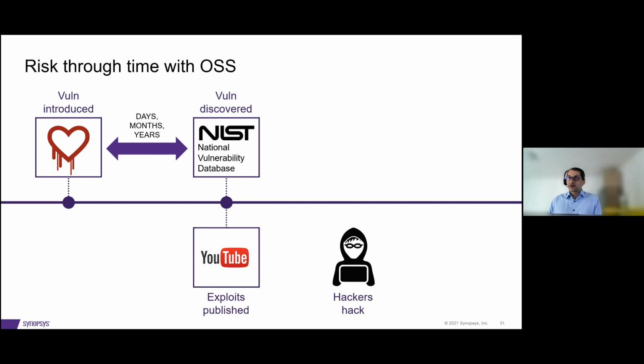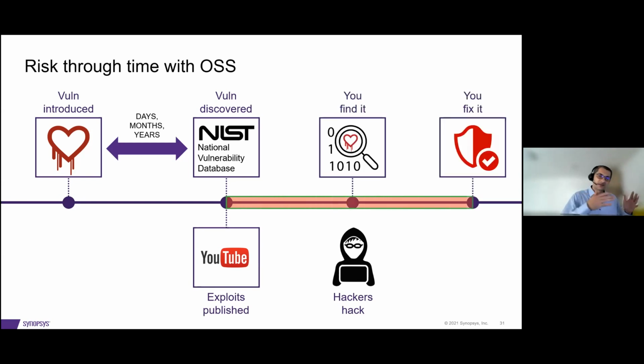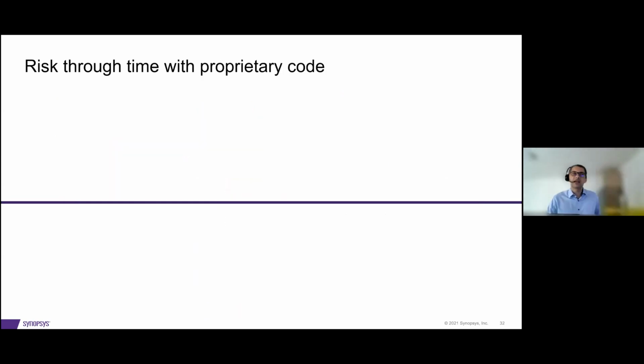It depends on how much luck you have, either way. However, the problem is that in the time before you find it and you fix it, you are under the highest security risk, right? Now imagine the same thing about your proprietary code, about the code you are developing.